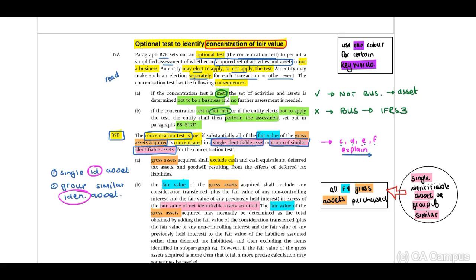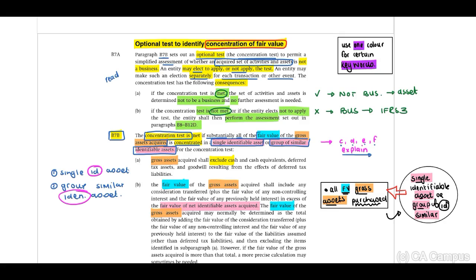Now, this will be when all of the fair value of our gross assets purchased is concentrated into a single identifiable asset or a group of, now let me just include this, guys, a group of similar identifiable assets.